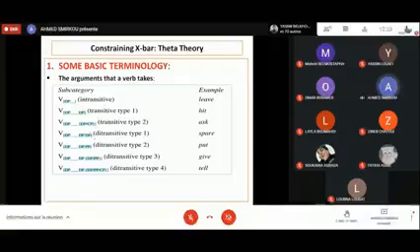Ditransitive verbs all require three arguments. The subject, as you can see here, is always a DP. Look at ditransitive verbs.